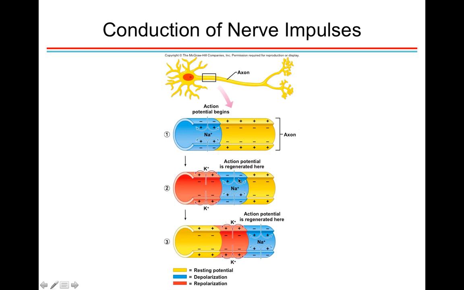And then, as these sodium ions over here are diffusing to the next neighboring zone, they are going to open the voltage-gated ion channels in the neighboring area, and then they'll open, then they'll close, and next the potassium voltage-gated ion channels will open, and then potassium will be rushing out, right? And you can see this happening in each little segment of the axon.